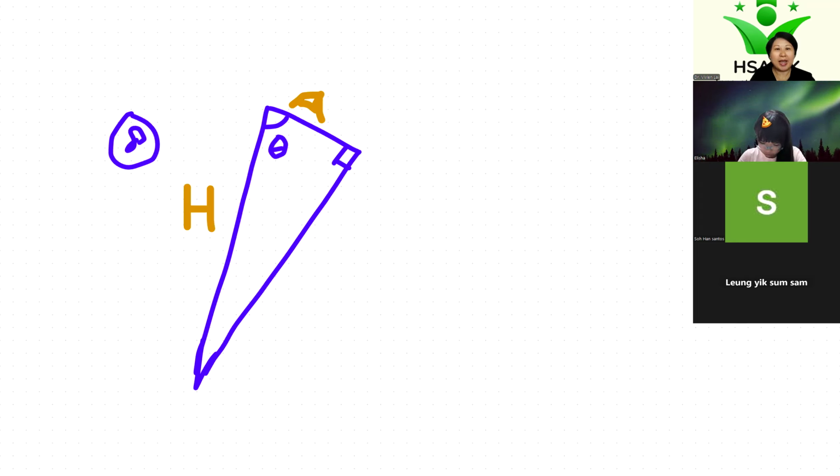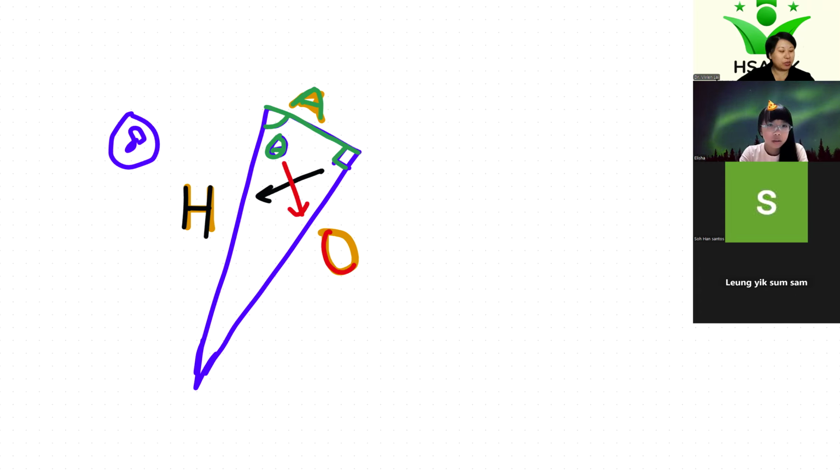Okay. So again, when you see the theta, when you see the right angle, on this line is your A. When you see opposite to the right angle is your H. When you see opposite to your theta is your opposite. Opposite meaning opposite to the theta. Good job. Write it down.